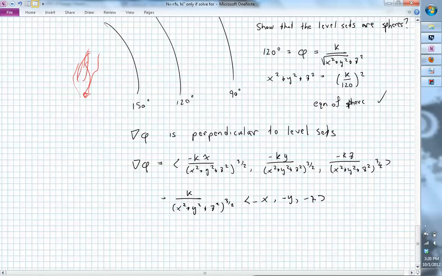Okay, let's talk about the geometry of this result. I'm not terribly interested in the scalar out front, other than that it's positive. What I'm interested in is, here's the burning backpack. Here's a point in space, x, y, z. Which way is the gradient pointing at this point? It's pointing towards negative x, negative y, negative z.